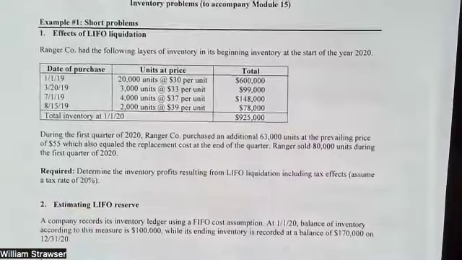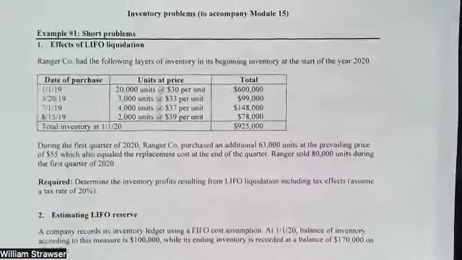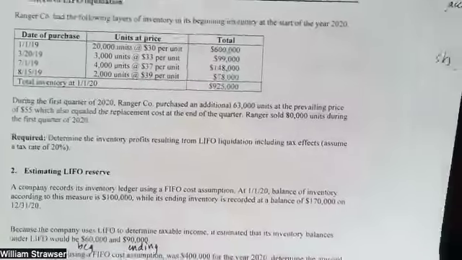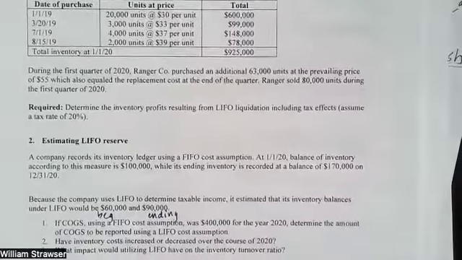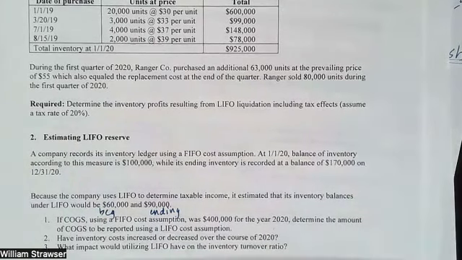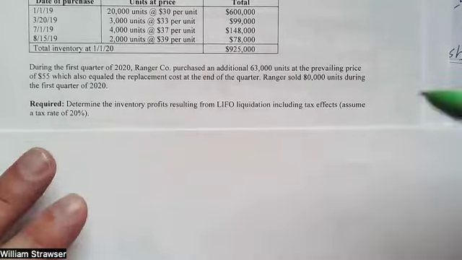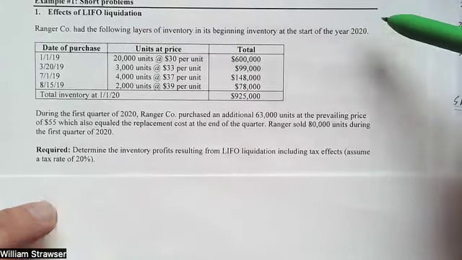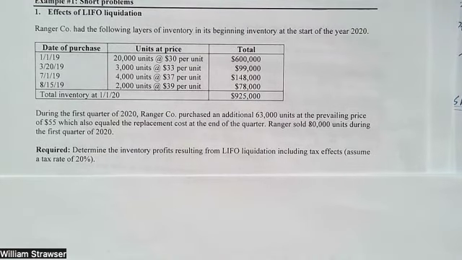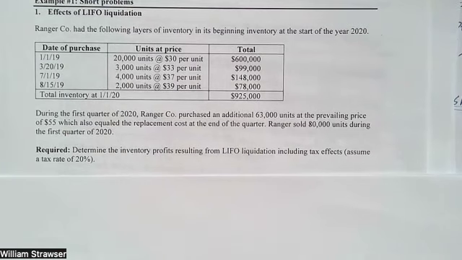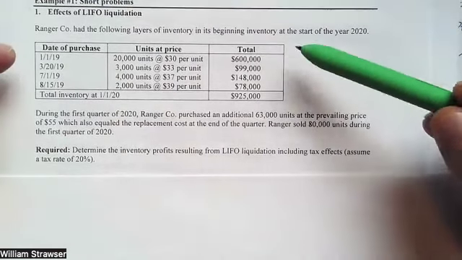The first one under the first example, and it's a simple one: determine the inventory profits resulting from the LIFO liquidation using a tax rate. So Ranger had the following layers of inventory in beginning inventory at the start of the year 2020.